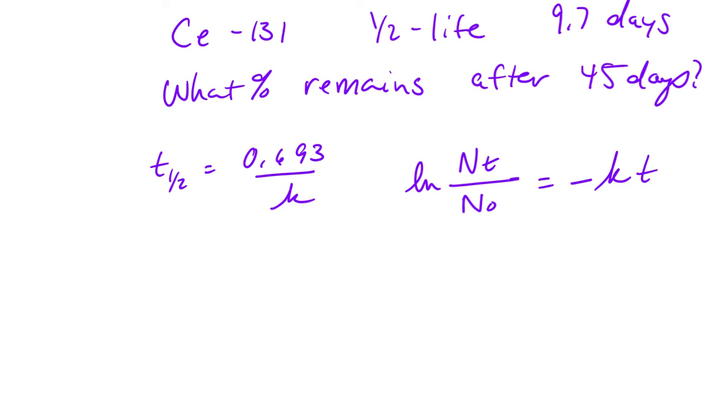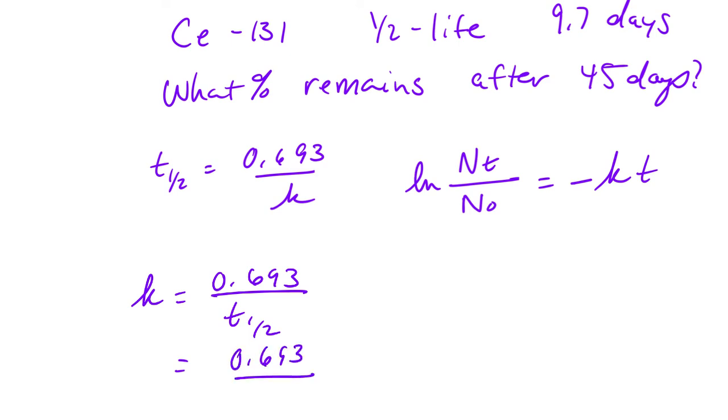Okay? So let's first use our T1/2 equation to solve for k. k is going to be equal to 0.693 over T1/2. 0.693 over 9.7 days, and we'll get 0.071 inverse days.